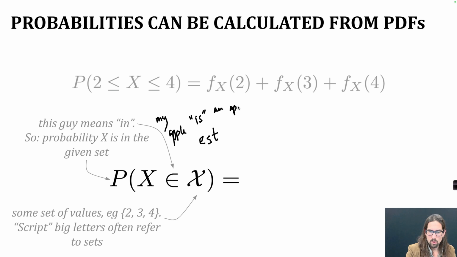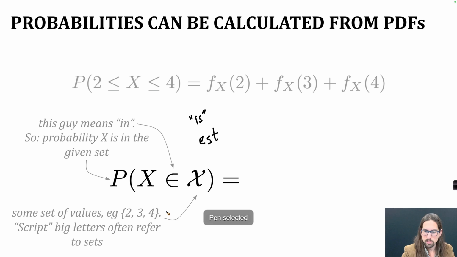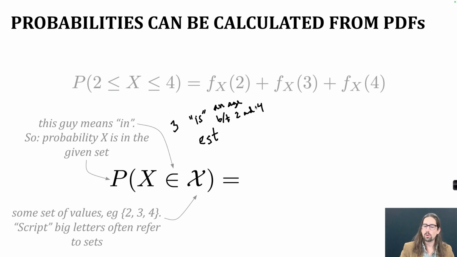Or you might say here script x is the ages between 2 and 4, so you might say 3 is an age between 2 and 4. People were abbreviating this with a Greek epsilon, and then eventually people just started writing it like that, and that's where we get that. Again, it's all notation, it's all made up. You just kind of got to know what's what.